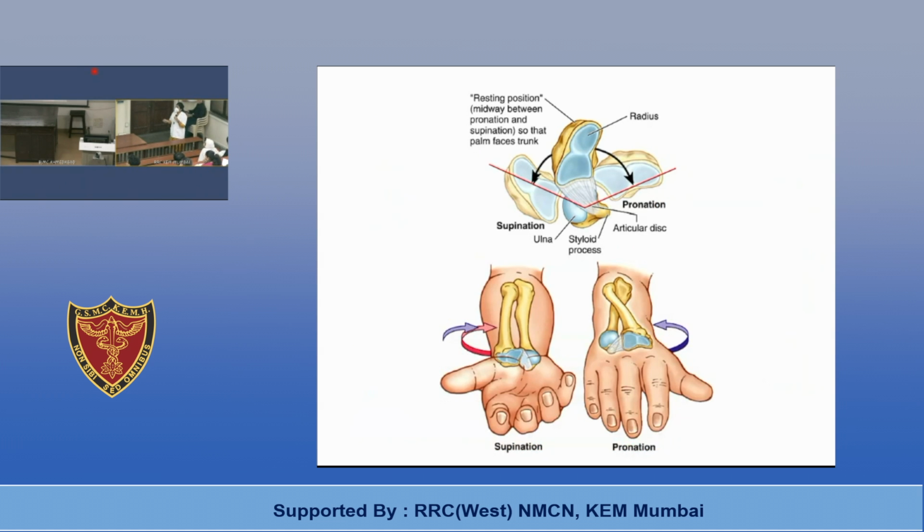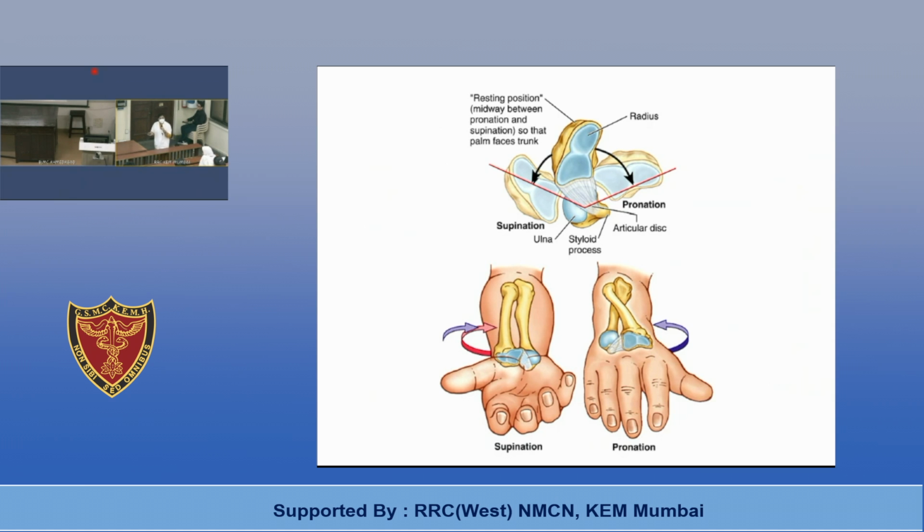That's how the position of the bones can be seen in this book picture. Here you can see supination: this is the radius, this is the ulna. With pronation, the upper end of the radius still lies parallel to the upper end of the ulna, whereas the lower end of the radius moves forwards and medially.